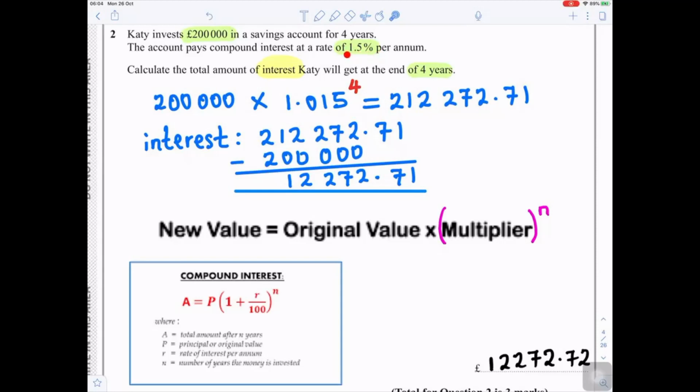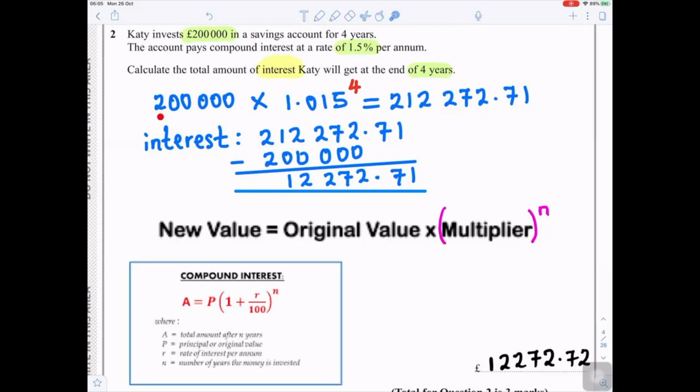We add 1.5 plus 100, which gives us 101.5. And then we divide by 100. It gives us 1.015. That is the multiplier, the rate at which it is increasing every year. And we put it to the power 4 because it's for 4 years.